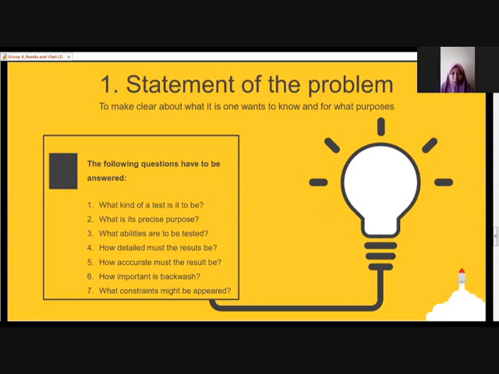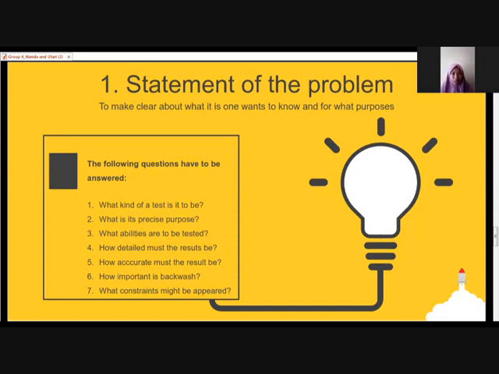Okay, let me explain again number 5. How accurate must the result be? For example, for the proficiency test and the diagnostic test, of course, the accuracy of the result would be different.